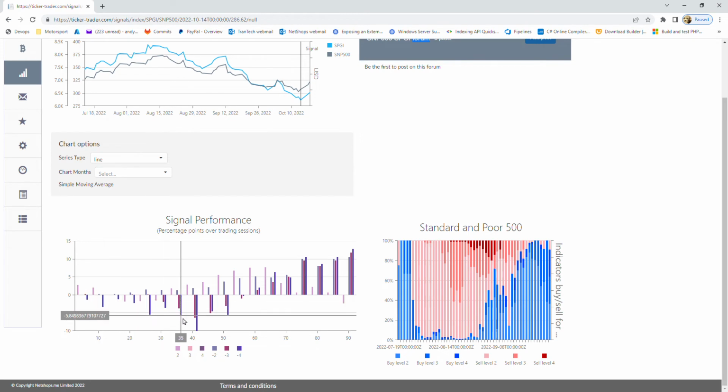All of these here are indicating a loss has been generated. Now, see this level 4 indicator, minus 5.6%. That's this one here, the minus 4.